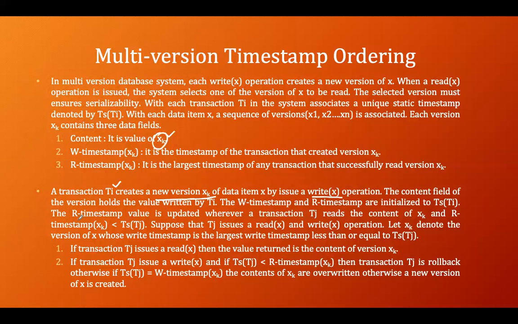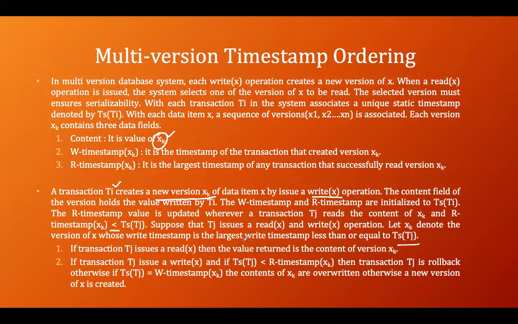The read timestamp value is updated whenever a transaction TJ reads the content of X in this particular fashion: the read timestamp of XK should be less than the timestamp of TJ, then only the timestamp of TJ will be allotted. Suppose that TJ issues a read or write request operation. Let XK denote the version of X whose write timestamp is the largest write timestamp less than or equal to TS(TJ).